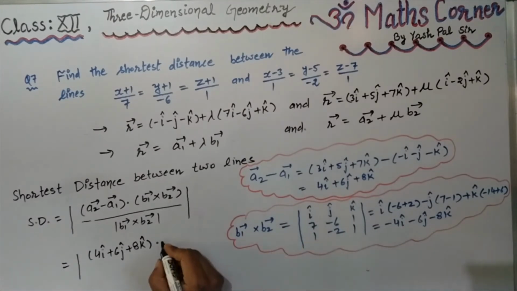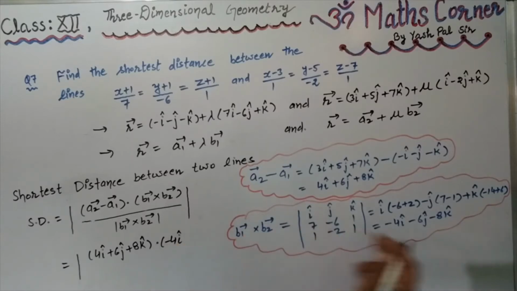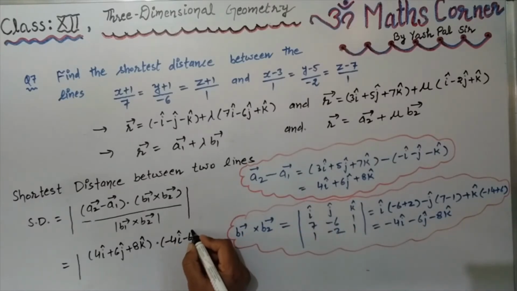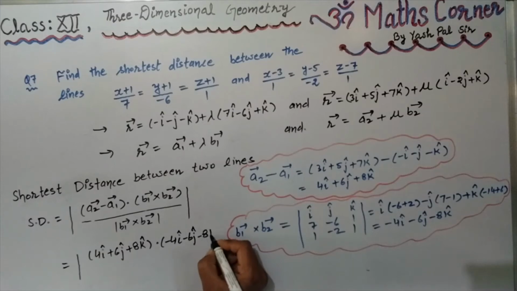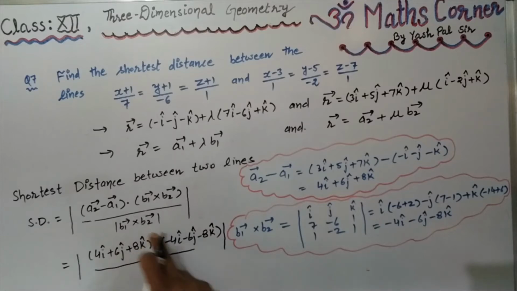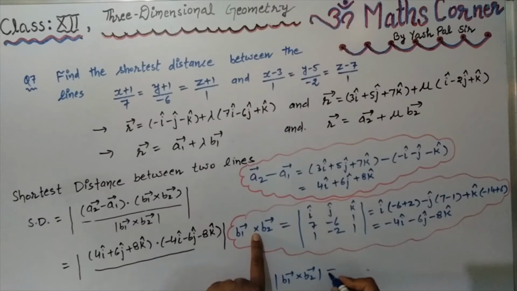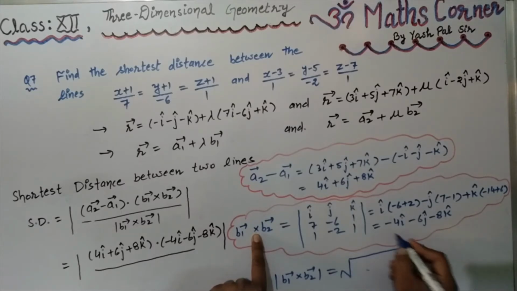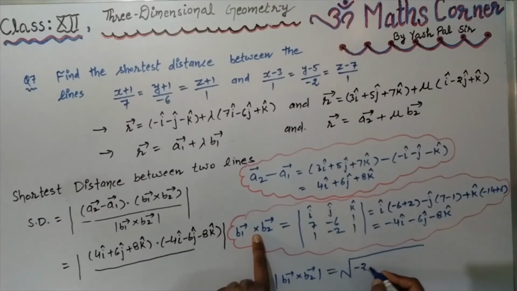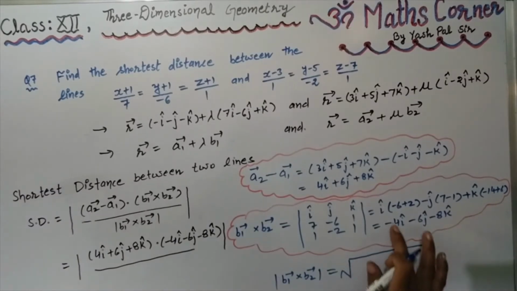So we substitute this value here. b1 cross b2 is minus 4i minus 6j minus 8k, divided by the magnitude of b1 cross b2. The magnitude of b1 cross b2 is the square root of the coefficient minus 4 squared; here we can also take minus 2 common.